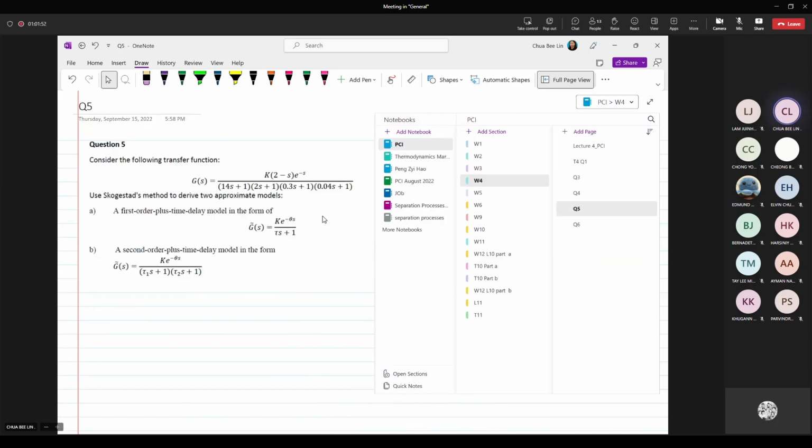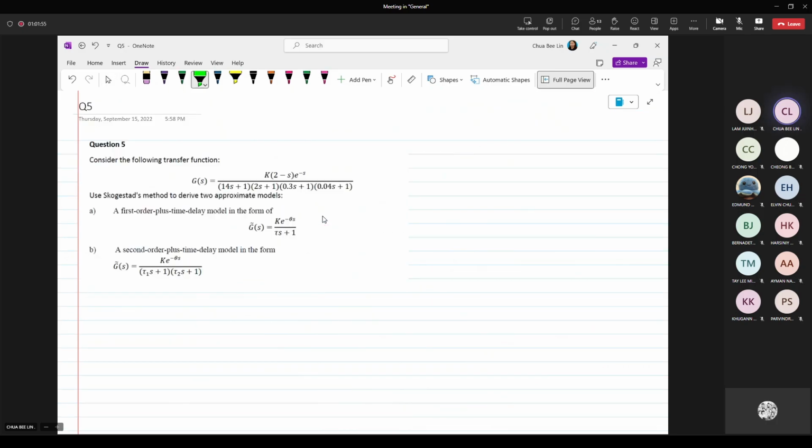So we'll move to repeat again using the Skogestad method. So this one you have to rearrange G(s) equivalent to K multiplied with, remember to copy e power to negative theta S, equivalent to 1 minus theta S, equivalent to 1 over 1 plus theta S. So you have to rearrange the equation so that you'll be having 1 minus theta S. Like this one, you have to make sure you do the modification so that you'll be 1 minus theta S. So you have to divide by 2 multiplied by 2, correct?